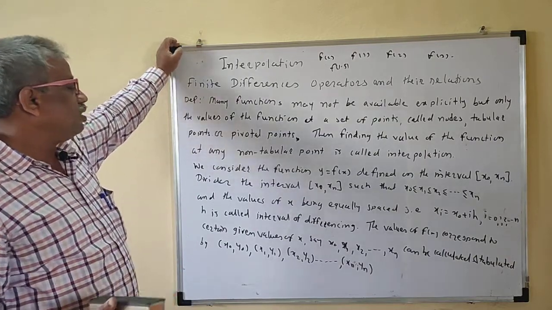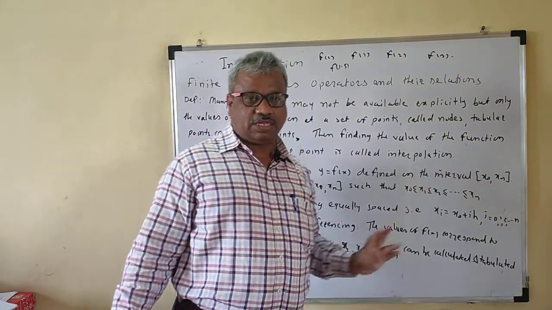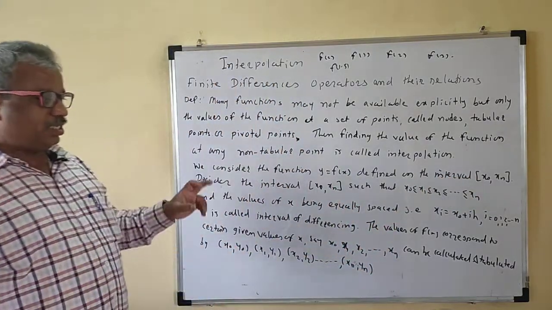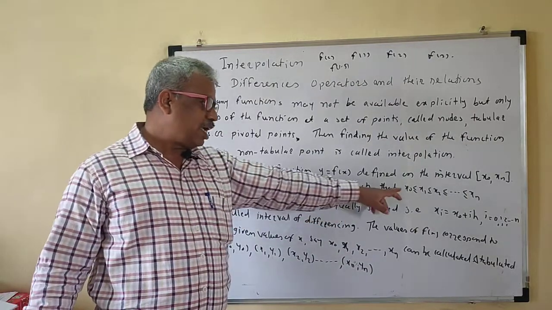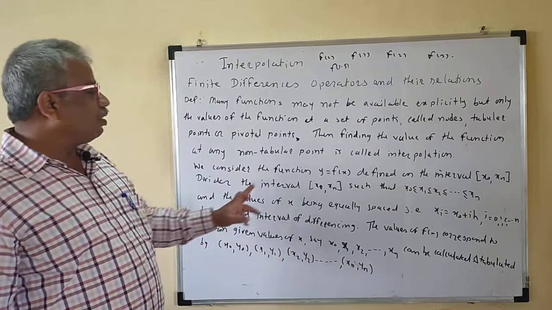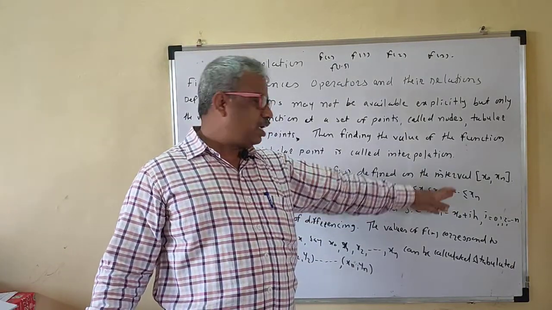So we consider the function y equal to f of x defined on the closed interval x naught to x n. We divide this interval into n equal subintervals: x naught to x1, x1 to x2, x2 to x3, and so on.